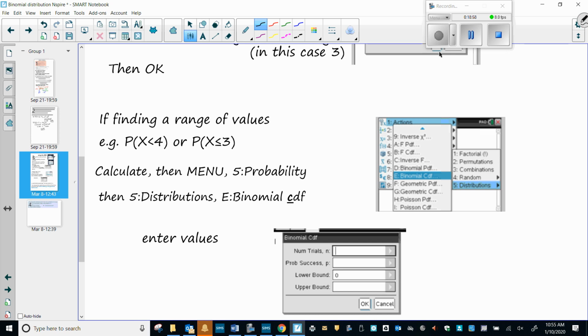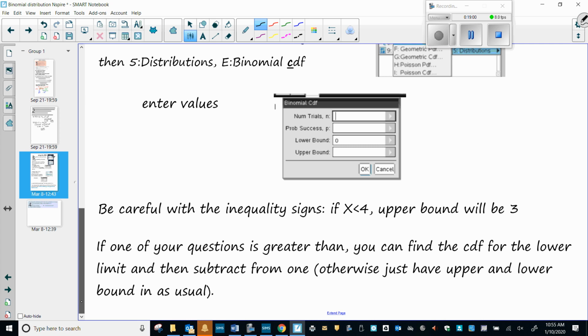Then you just put the values in the same way. If your question is looking at greater than, then you can look at the less than option and subtract it from 1, because we always know probabilities add up to 1. All right, so let's do these examples using the calculator now.